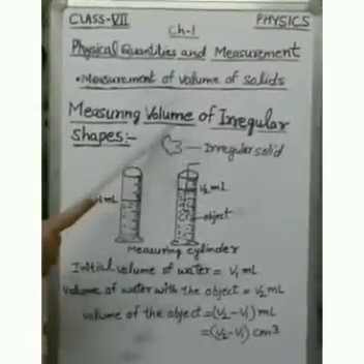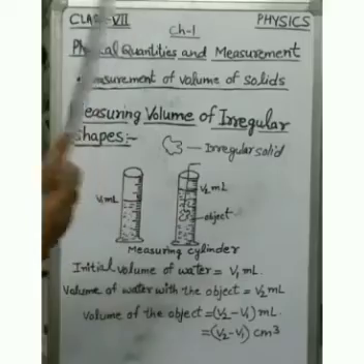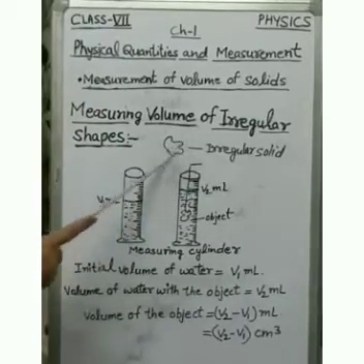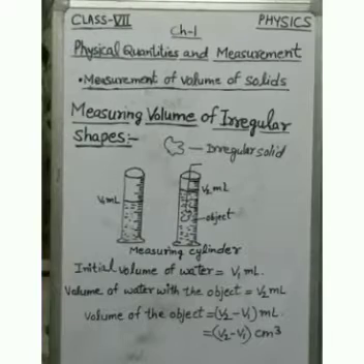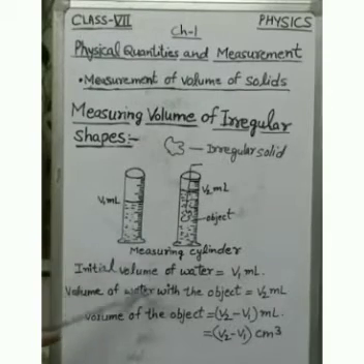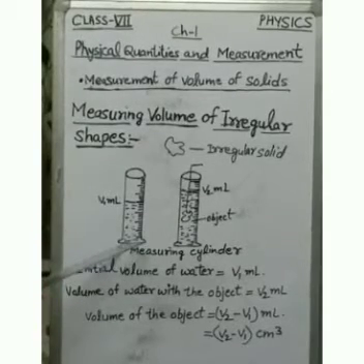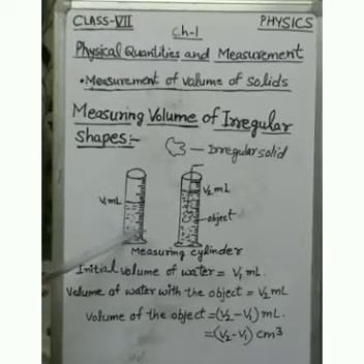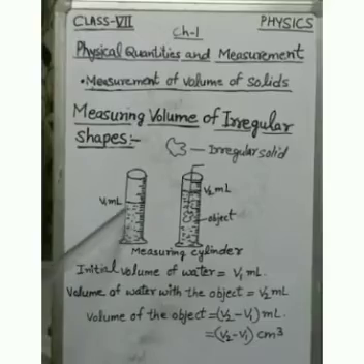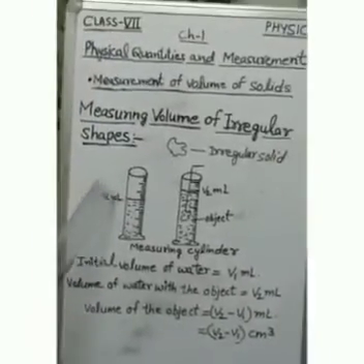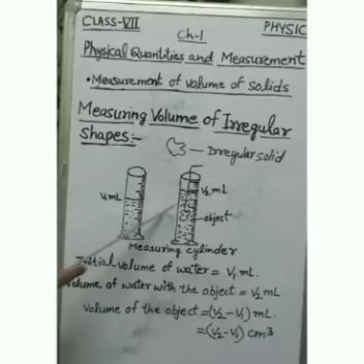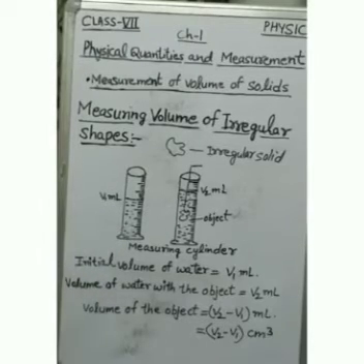Now children, we will see the measuring volume of irregular shapes. Suppose it's an irregular solid and we have to find out its volume. So we will take a measuring cylinder and pour some water in it. Let the initial volume of water be V1 milliliter. It can be anything, 10 milliliter, 20 milliliter.